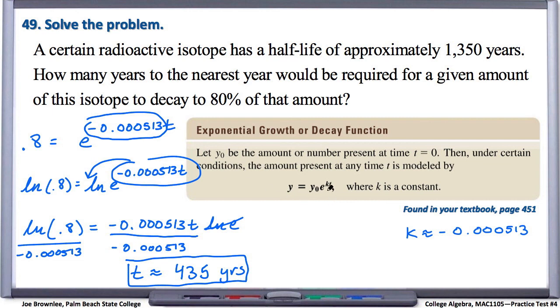We solved for K first using the half-life information, and then we used that K value to solve for t. In number 49, 435 years is how long it will take for this isotope to decay to 80%.